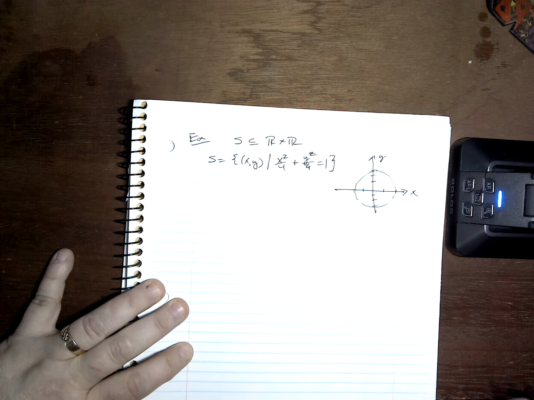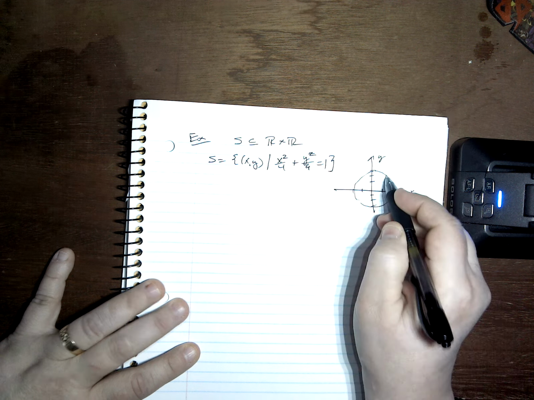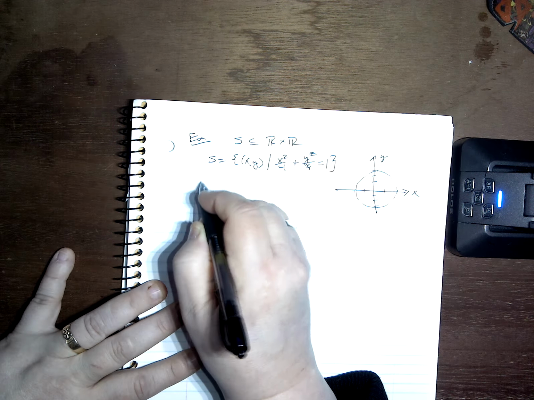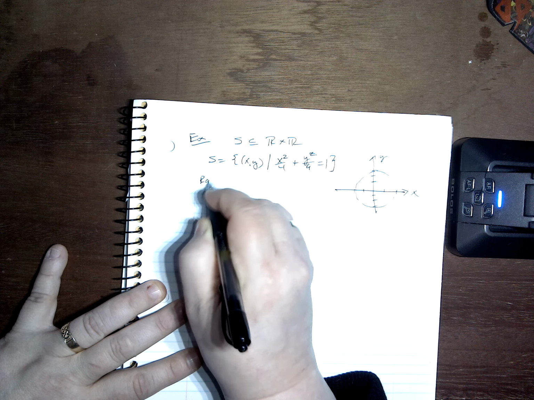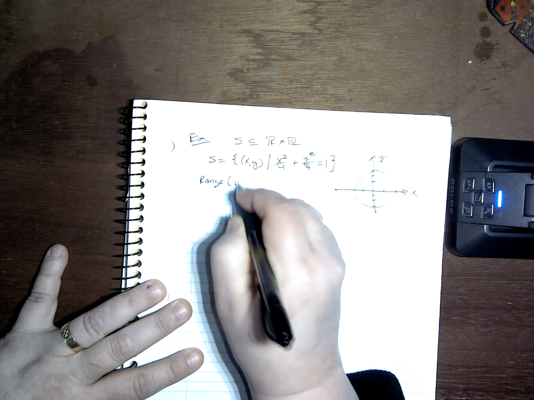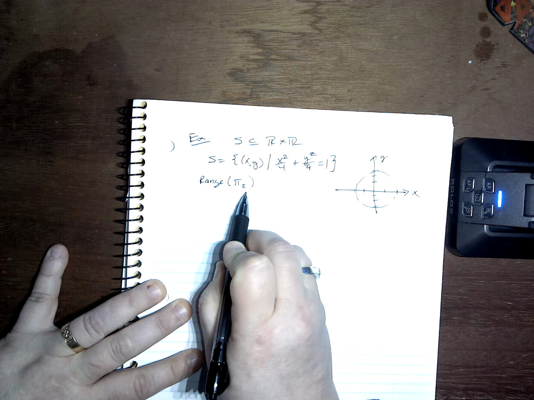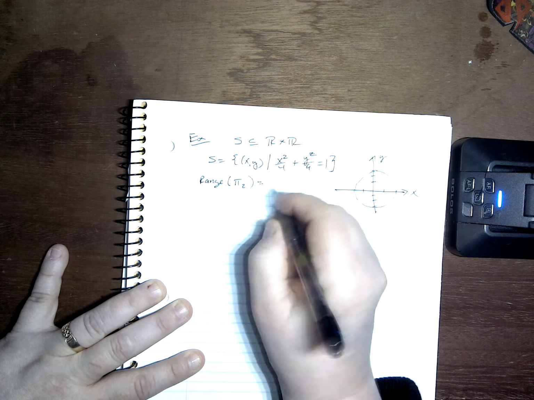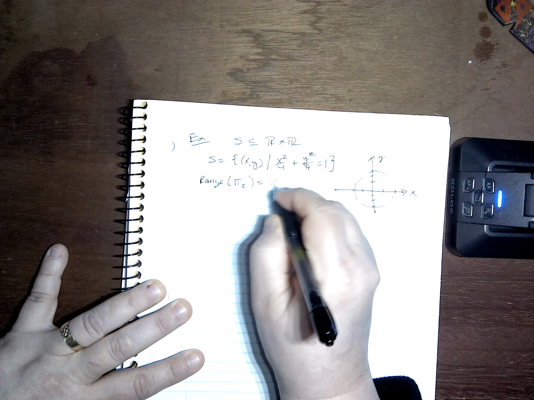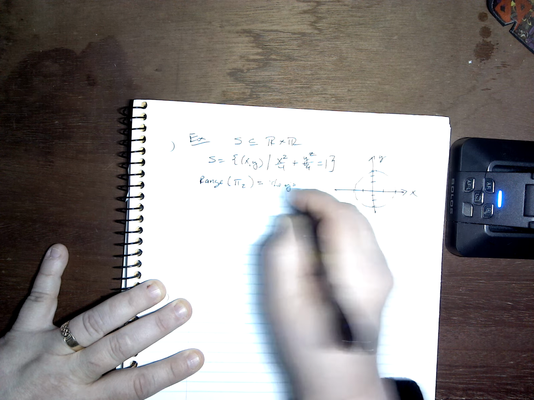I don't have any points that I know are on that particularly, but I want to tell you that the range of pi 2 is all the y coordinates. So this is going to be the y's that got hit.